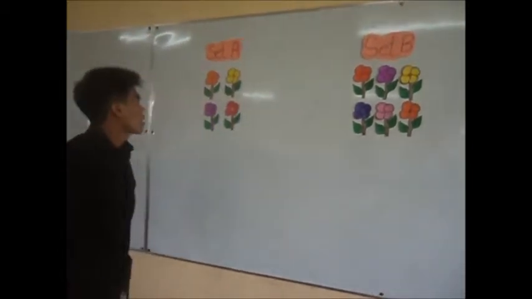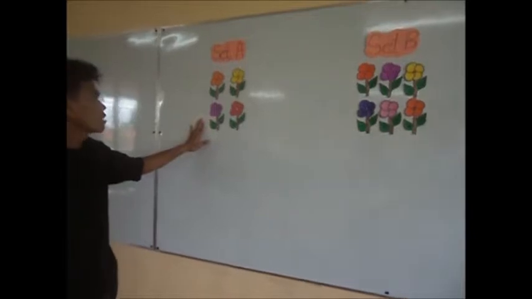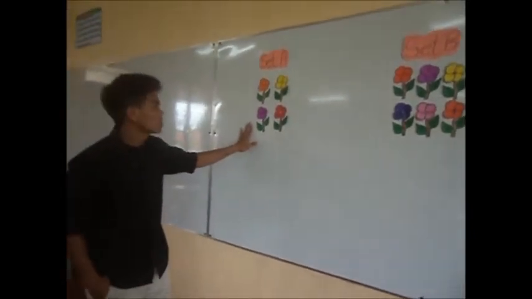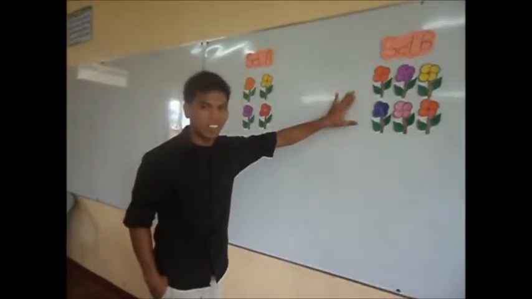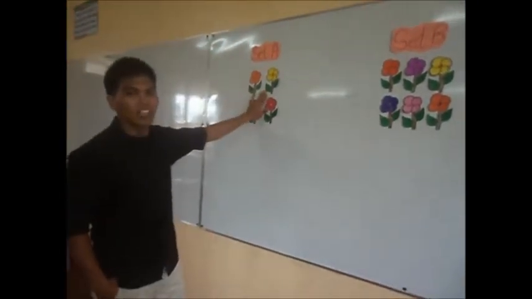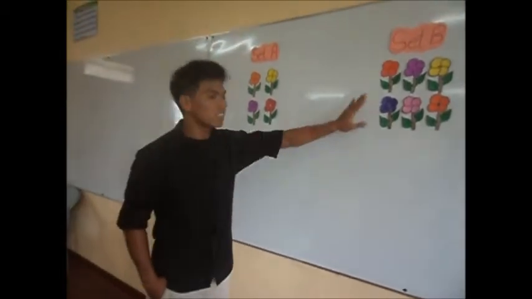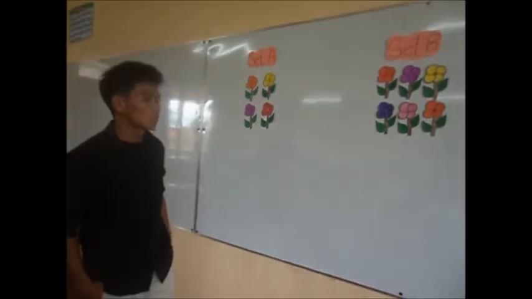So, let us compare the 2 sets. We can say that set A is fewer than set B. You can say it, children. Set A is fewer than set B. That's very good, children.